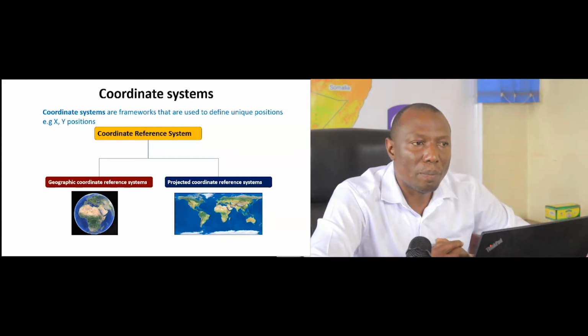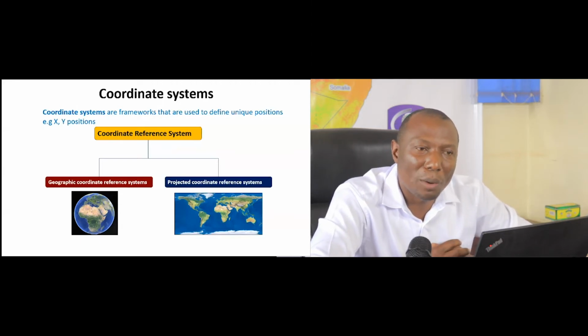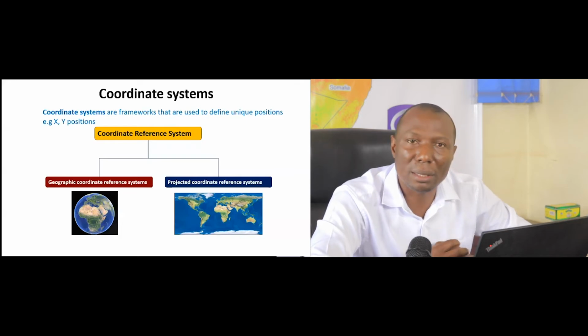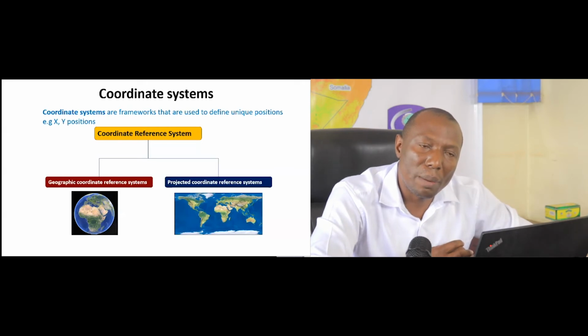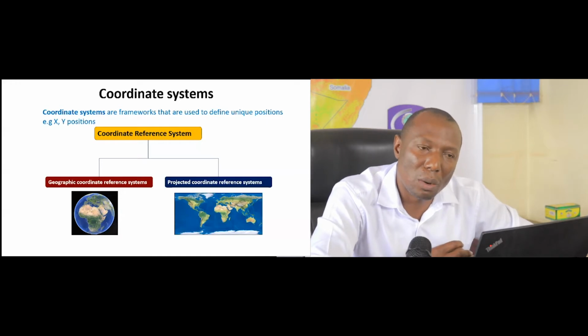But if I'm working, for instance, in Ethiopia, and I want to work on a dataset for Oromia, basically I'm working at a small scale. I'm able to get this information in meters, for instance. And if the units are in meters, this dataset is basically in the projected coordinate system.